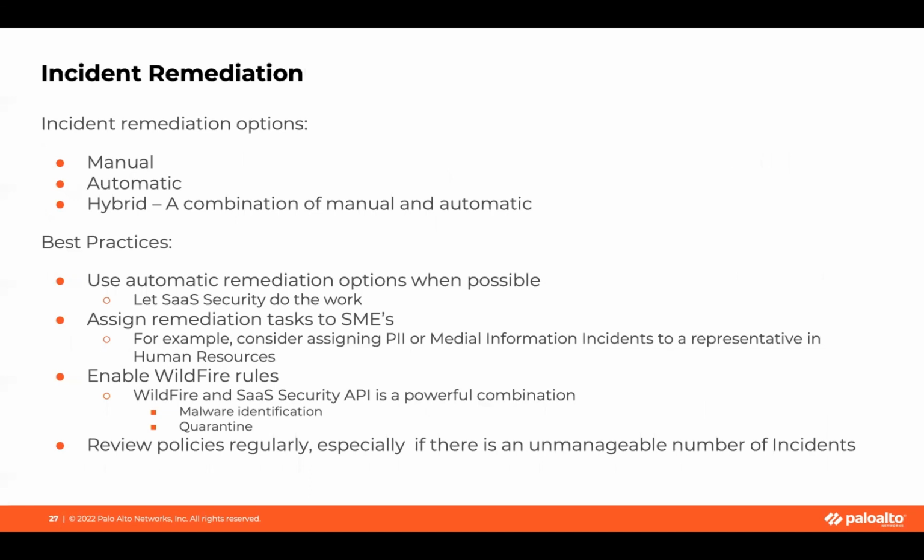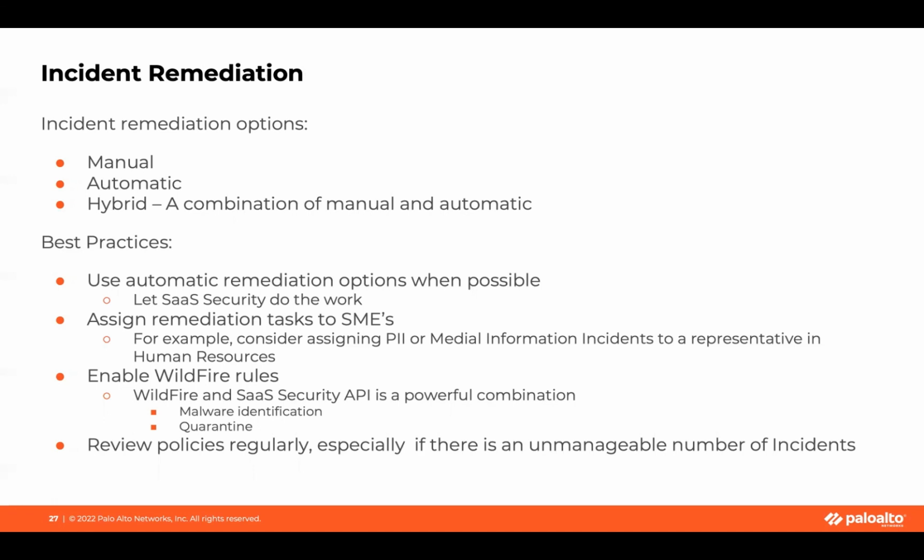We can do manual remediation or automatic remediation or a combination of both. We recommend always using automatic remediation when possible because it reduces the workload for your team. Assign incidents to subject matter experts and different teams. Always, and I want to emphasize again, always enable wildfire rules.